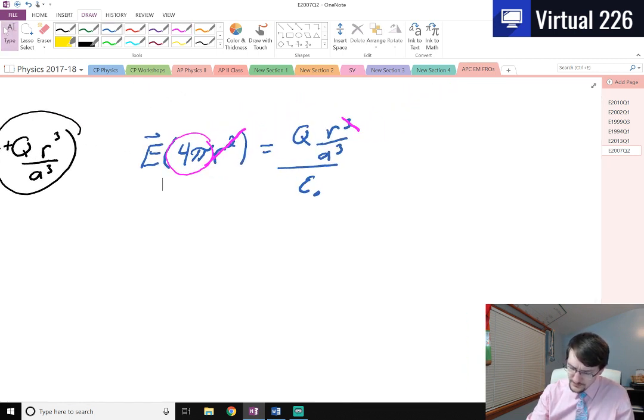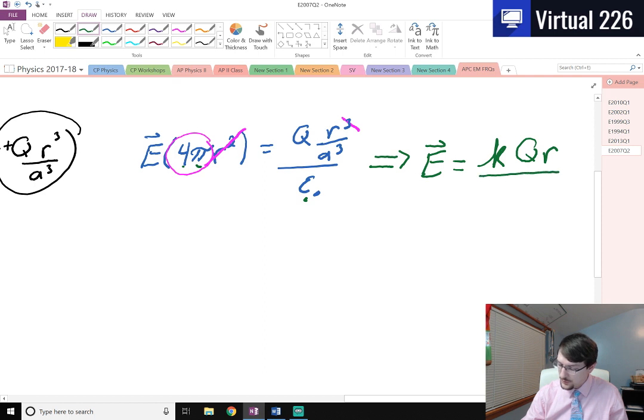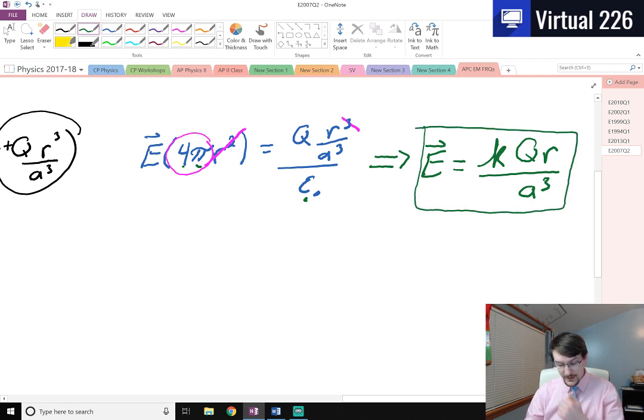We note that we've got a 1/4 pi epsilon naught, which we could write as k, the Coulomb constant. So the electric field is k q r over a cubed. Remember that epsilon naught went into the k. So boom, right there, we've got an answer for part 1.